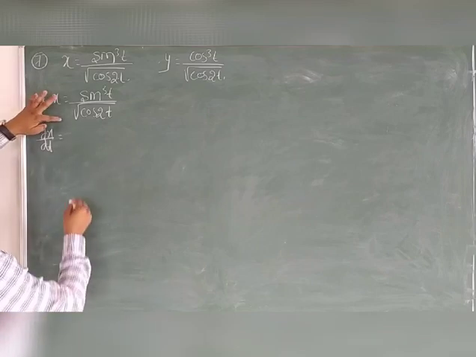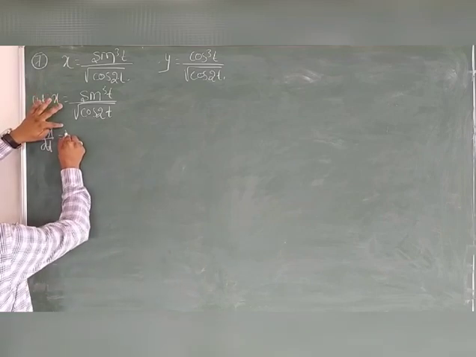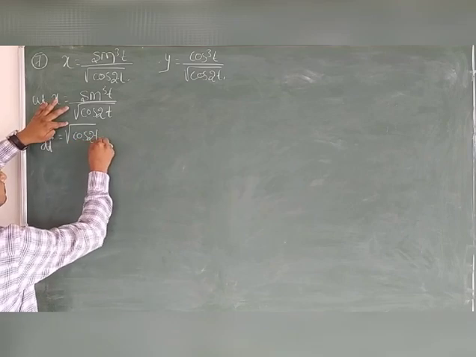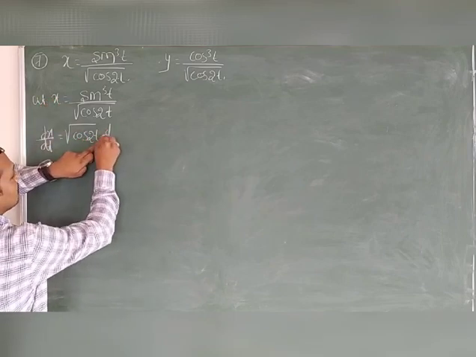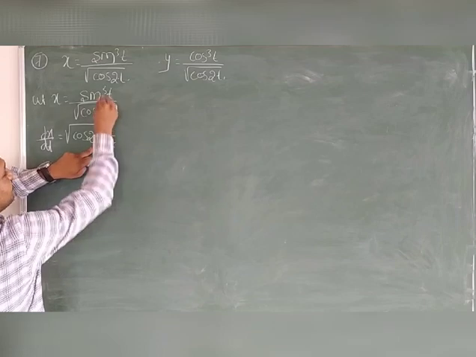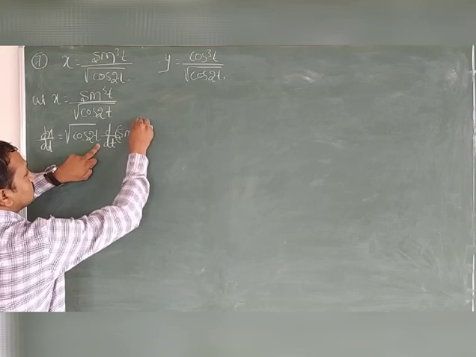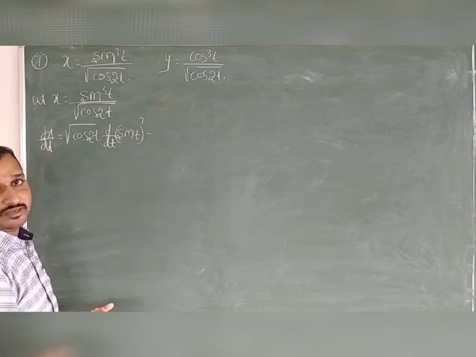So dx by dt equals, first of all, v as it is. v is nothing but root of cos 2t, as it is. And d by dt of sin cube t. Sin cube t can be written as sin t raised to 3. Both are the same.